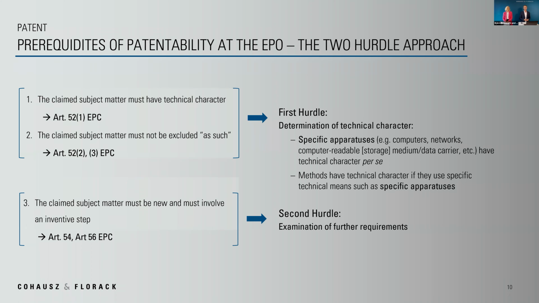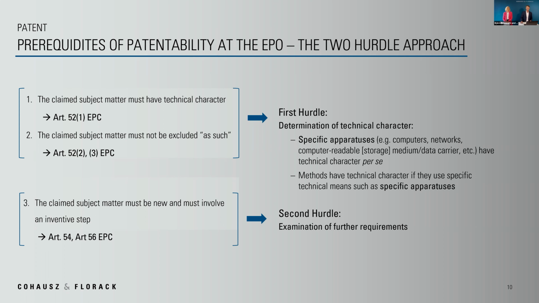In Europe, this is different. This is part of the inventive step discussion. So the thing to remember is that to meet the first hurdle, you need some kind of technicality, which is simply a technical entity involved in the invention.